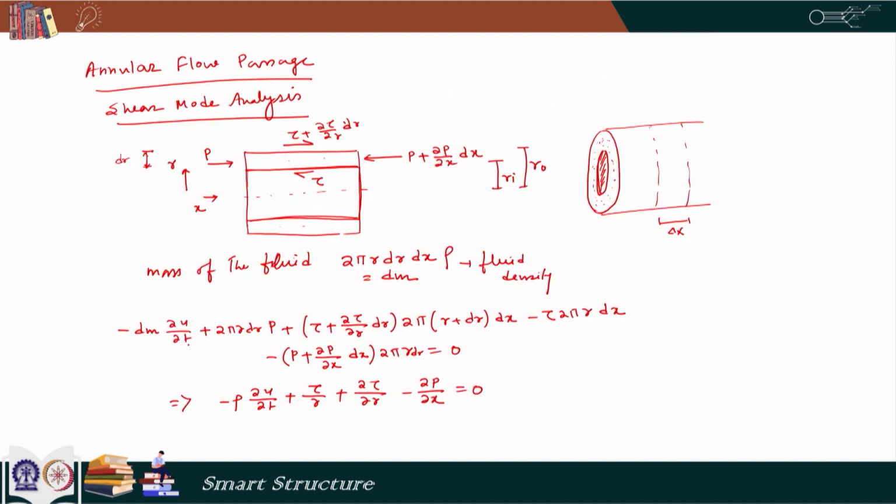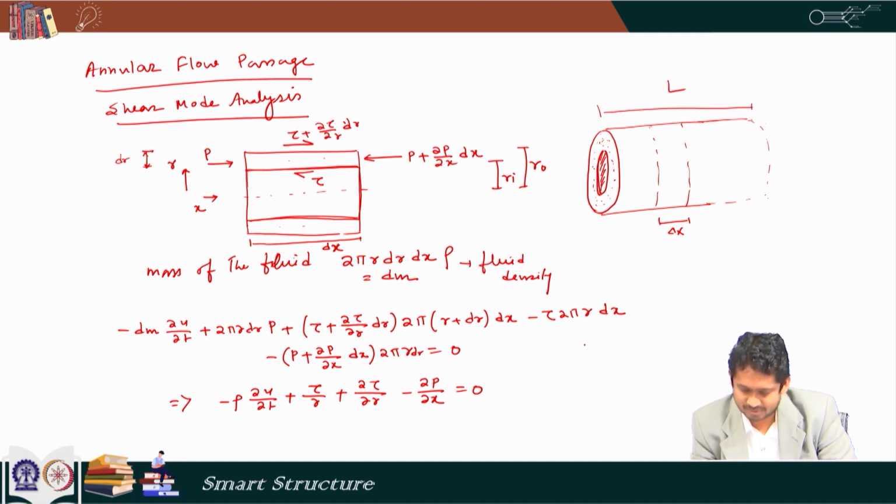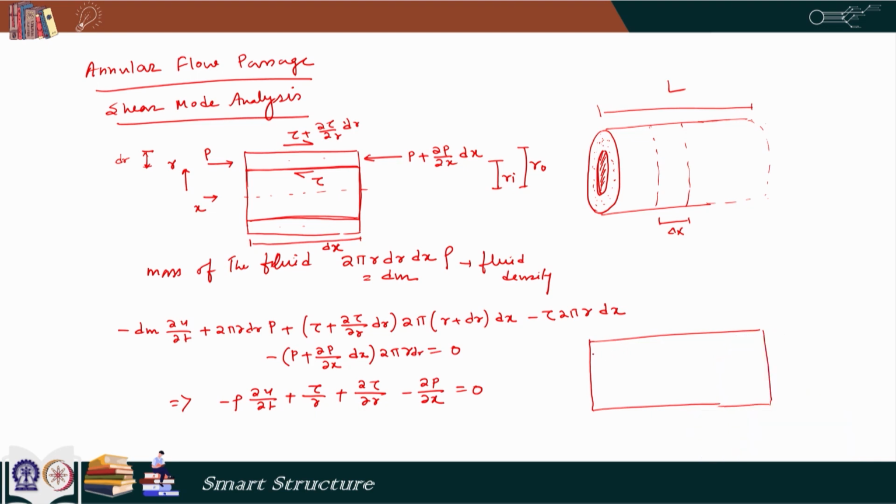Here we are considering that the length of the cylinder is L. So, if this is my fluid element dx, this dx is a part of the cylinder, and the length of the cylinder is suppose L. In the cross sectional view, this dx is just this part.